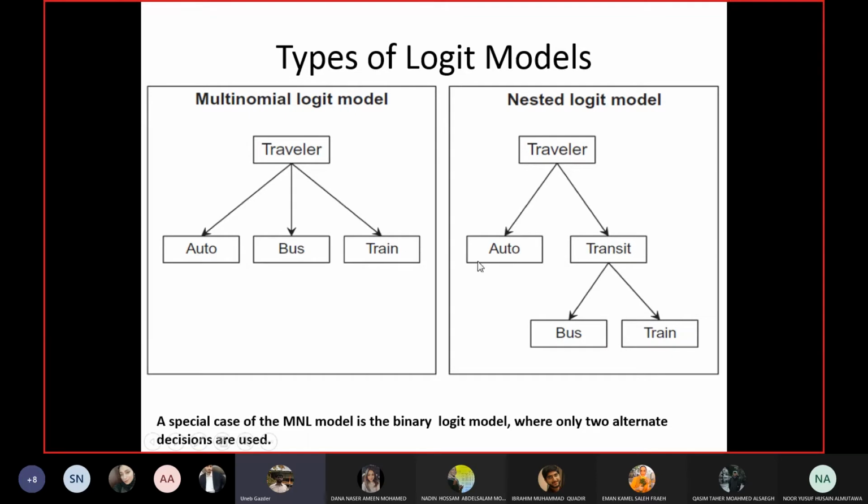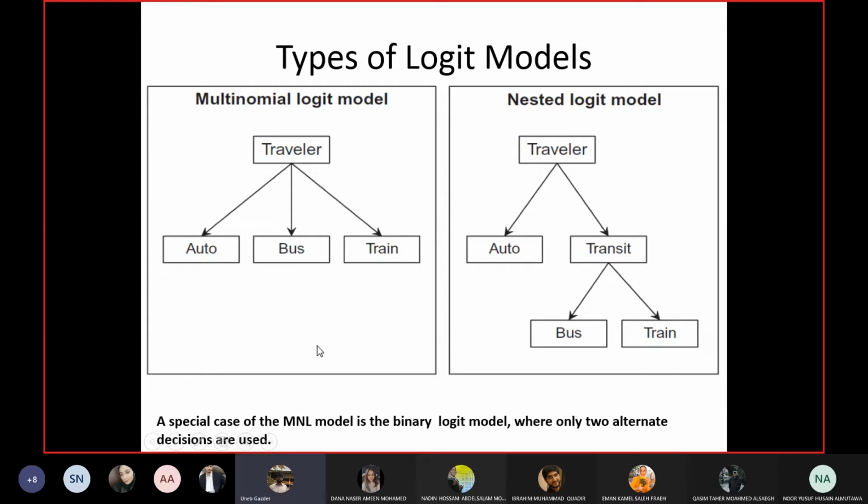Auto is independent, then we have transit, which has two subtypes, and then a third group, active travel, meaning walking and bicycles, if it is available. This is the difference between the nested logit model and the multinomial logit model: in the nested one, you group the choices which are similar to each other, which belong to the same category, and this grouping is known as nesting. Nest means a group.